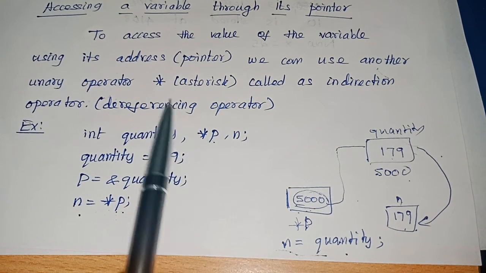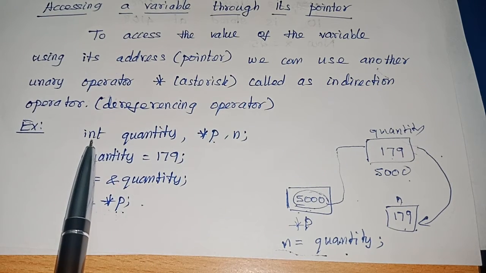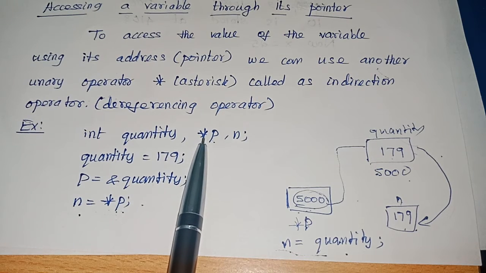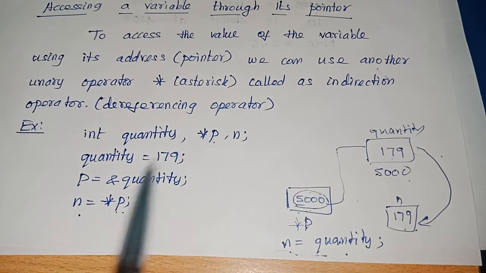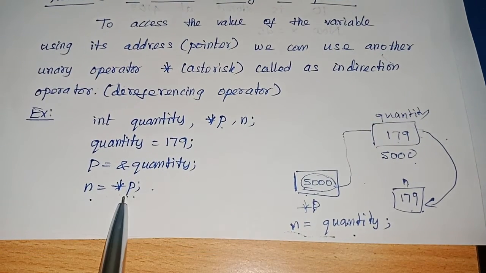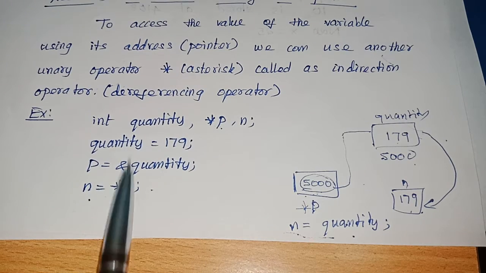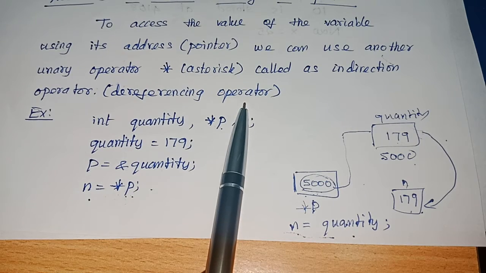You should not get confused with these two asterisks. Both of them are asterisks actually. At the point of declaration, this asterisk informs the compiler that p is a pointer variable. But whenever there is a star in front of p other than at the declaration point, this will be called the dereferencing operator.